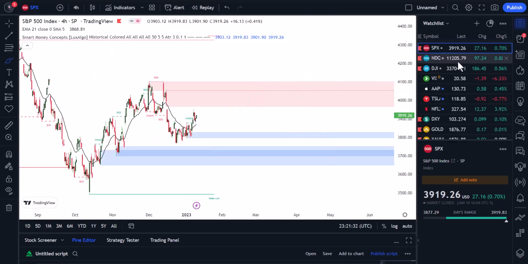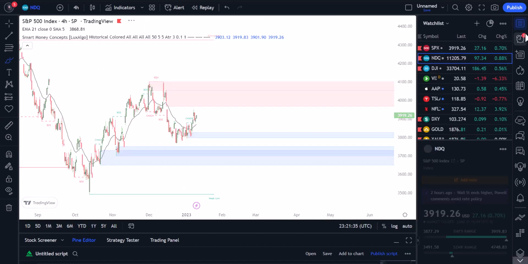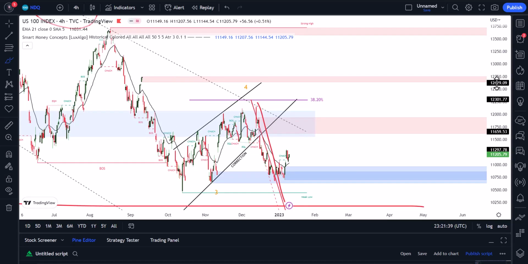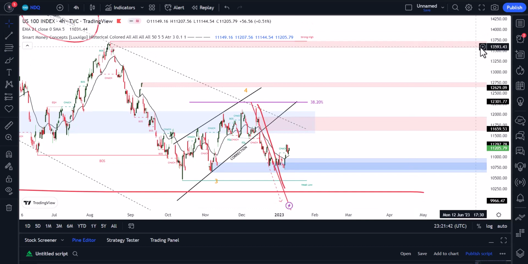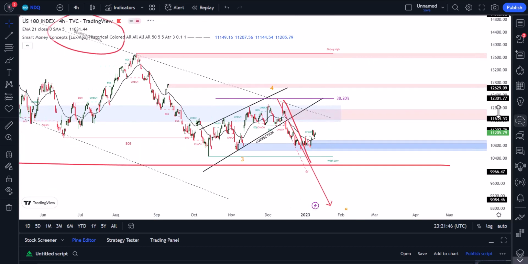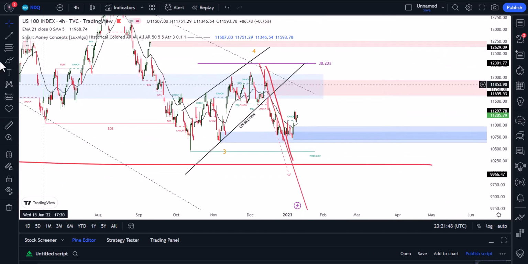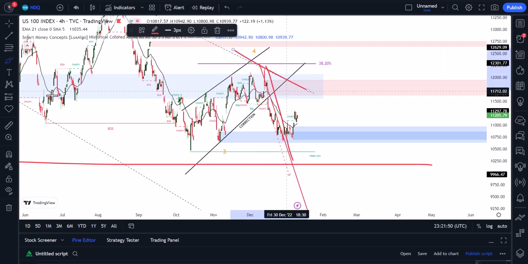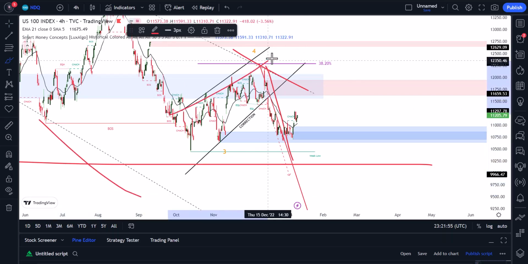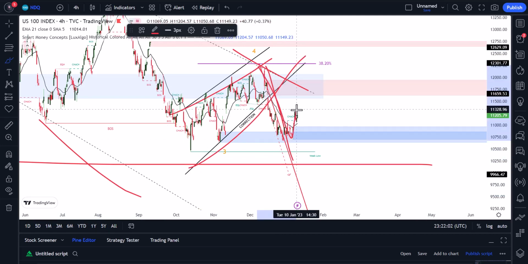Let's discuss the next thing, Nasdaq. As I have shared the analysis in my free Telegram channel, it is in the bearish channel pattern in the long time frame, and it was making its correction here in the bullish channel pattern, and it did the breakout, and it's making the retest again, and it is a good level.